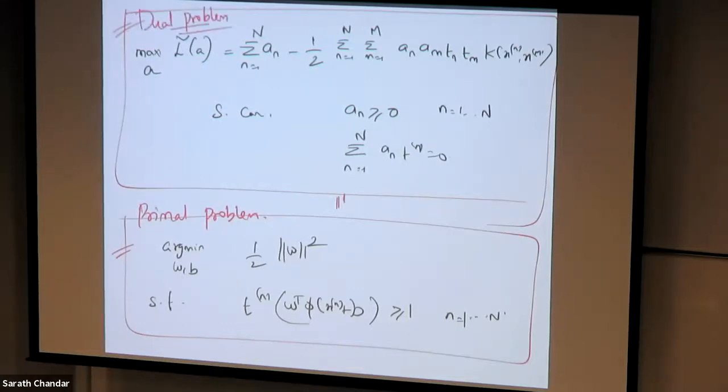The dual problem is about maximizing with respect to a. Once you find the right a, you can find w and b because you have the equations already. So they are both going to give you the same solution. Is that clear? You solve either of these two problems.